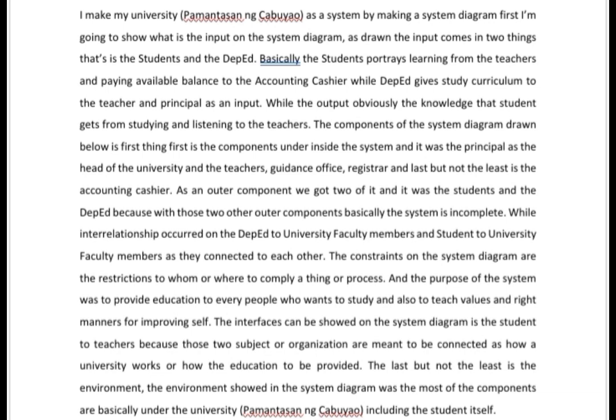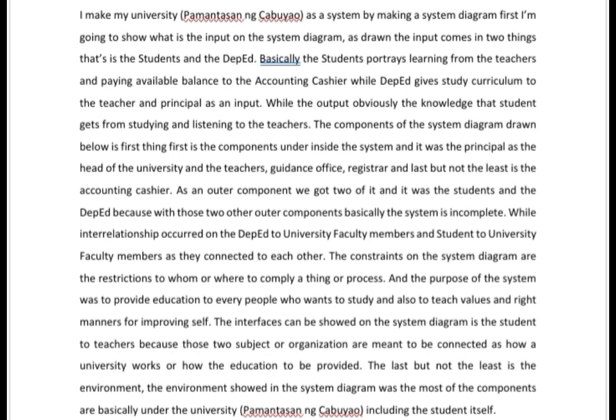Kumbaga, they are meant to be connected. So, kasi yun yung how the university works in reality, how the education is to be provided. Kasi yun naman talaga, yung teachers talaga yung nagbibigay ng knowledge sa students, and yung students nakikinig sa mga teachers about sa pagbibigay ng aral, ganun.